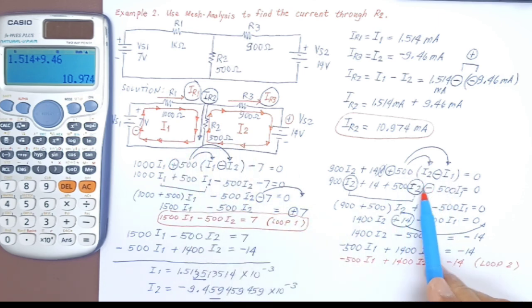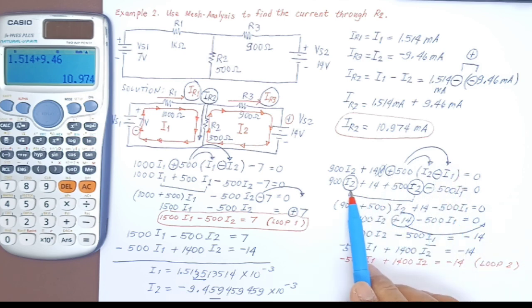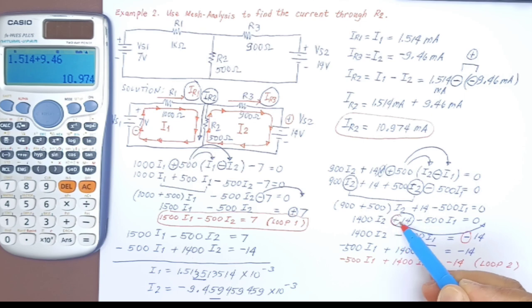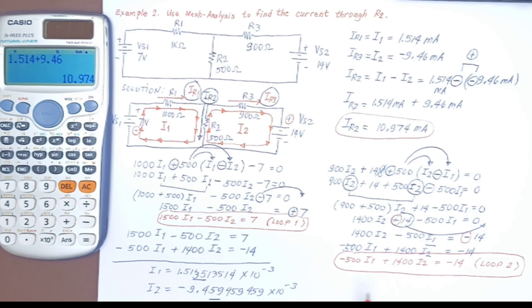That's why we get I2 minus I1, and we distributed 500 to I2 minus I1, and we got 500 I2 minus 500 I1. Then by algebra, we finally got minus 500 I1 plus 1400 I2 equals negative 14. And this will be our loop number 1, and this will be our loop number 2.